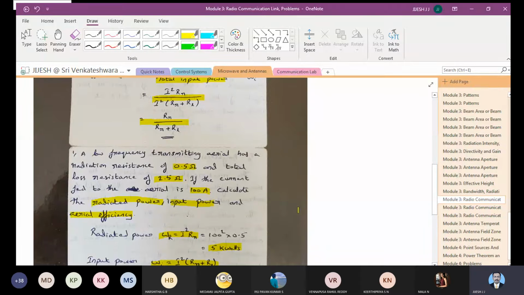I'll give you 1 minute to find the efficiency also. You can use the equations. It's a very easy problem. The only thing is that you should know the equations for radiated power, input power, and efficiency.